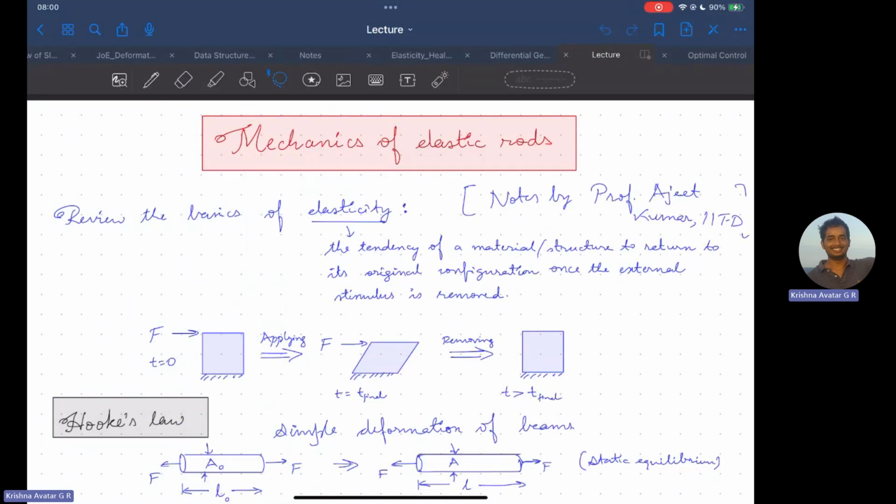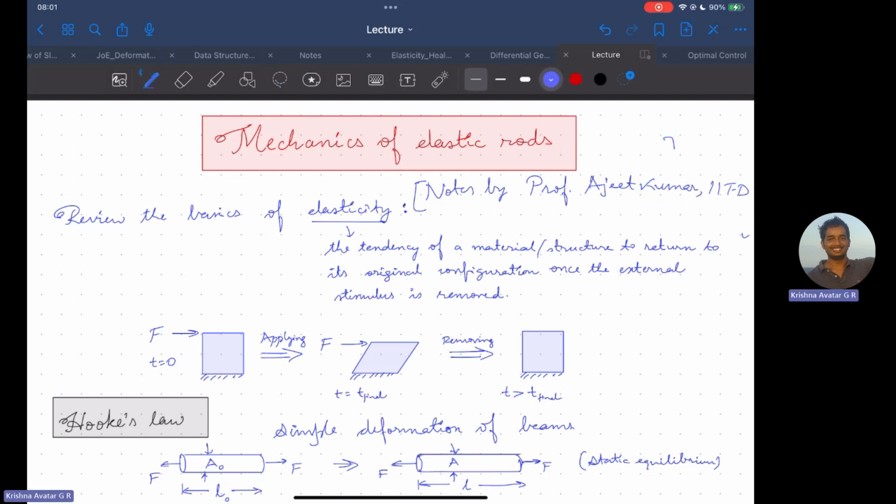As I had mentioned, we will be following lectures, particularly by Professor Ajit Kumar, but at the same time, I would also be following notes by other distinguished people, such as Professor Basil Ordel's work, Ordel's book, in fact, called Elasticity and Geometry.